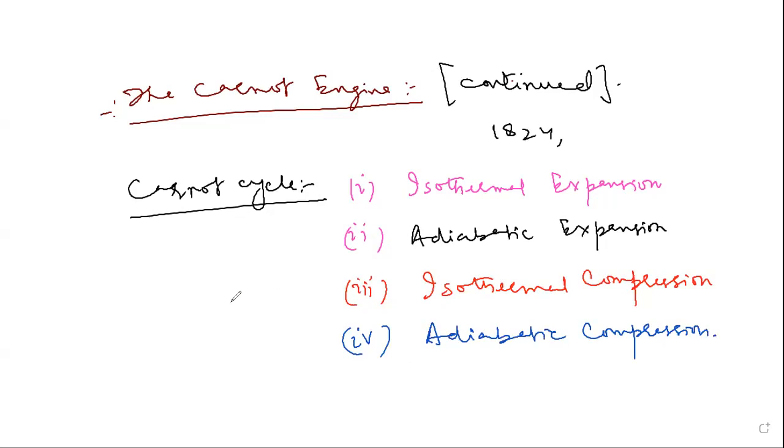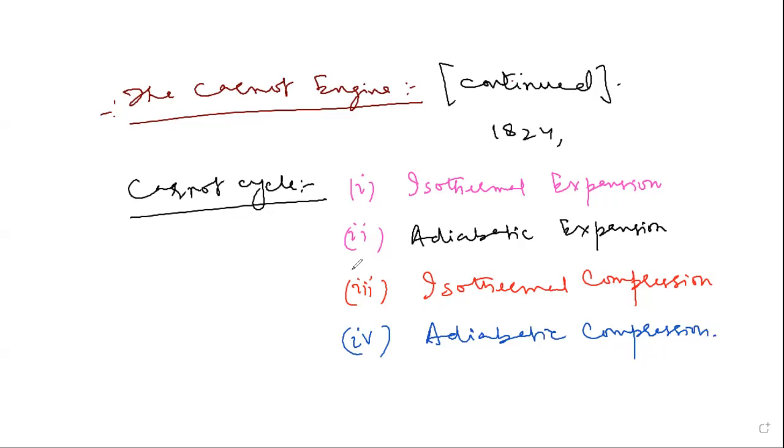There are 2 isothermal processes involved in the cycle and 2 adiabatic processes involved in the cycle. And there are 2 compressions and 2 expansions.